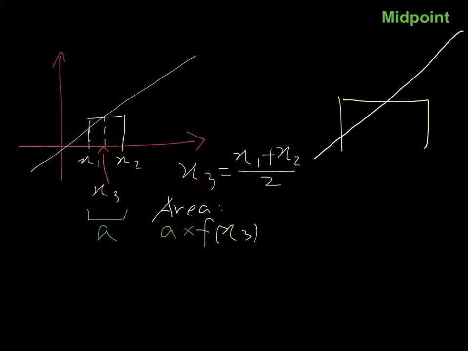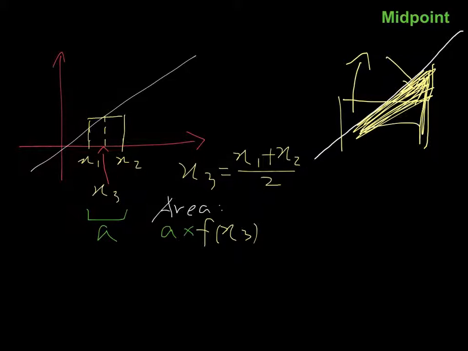So if you take this chunk out from the rectangle and add it to here, it will be something like this, you'll find out that the total area of this shape is a very close approximation of the area under the curve, and that's why the midpoint method has high precision estimating the area under the curve.